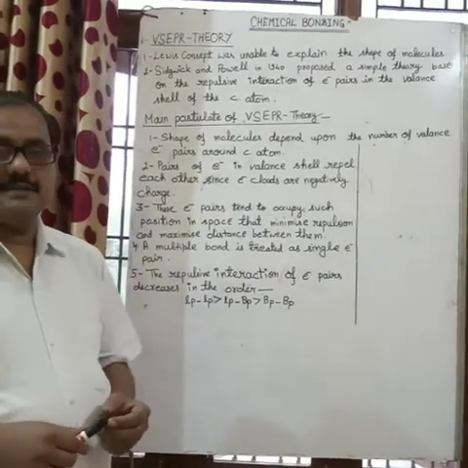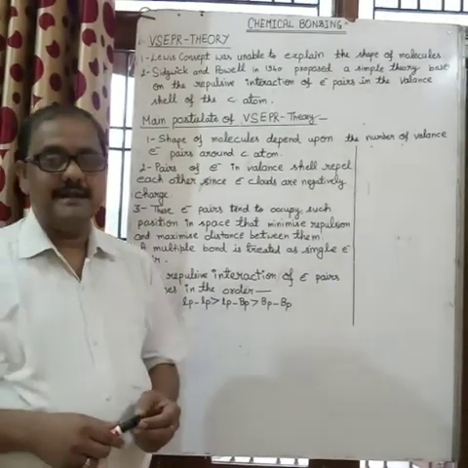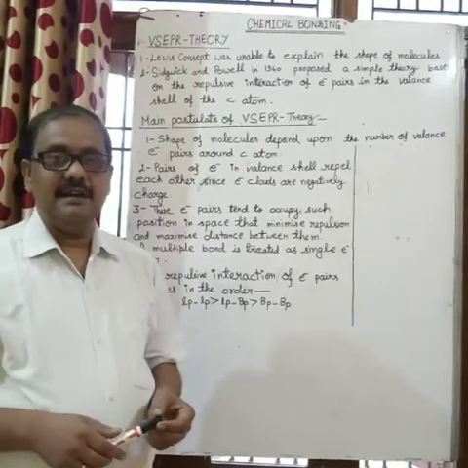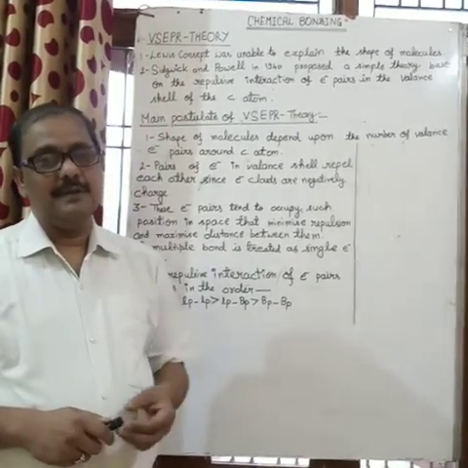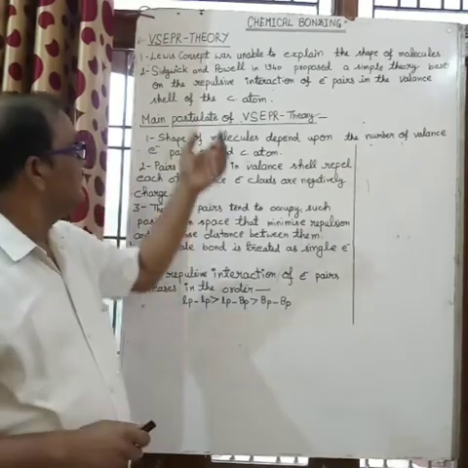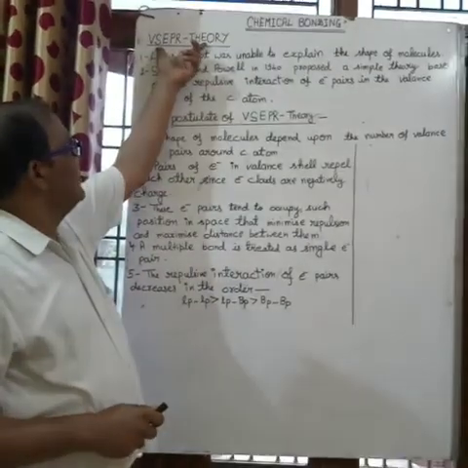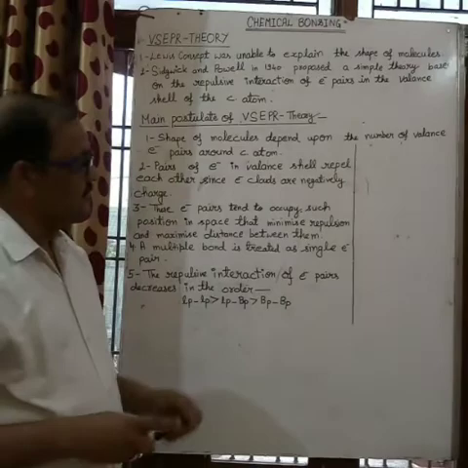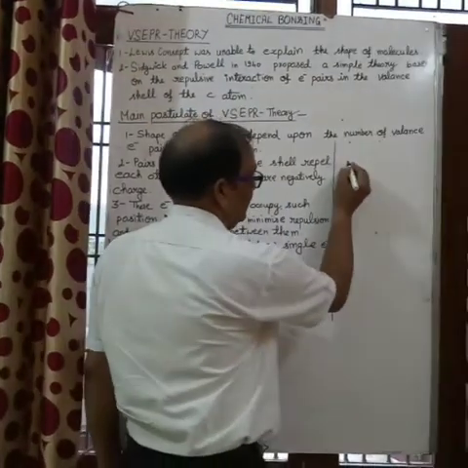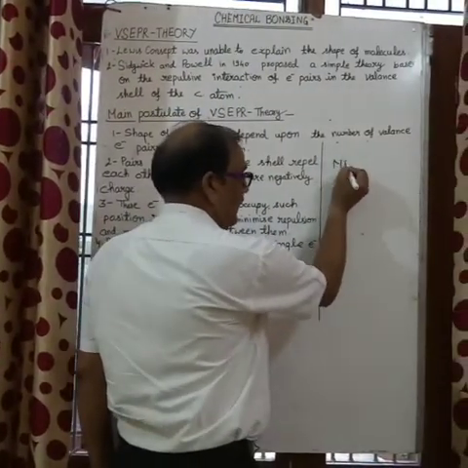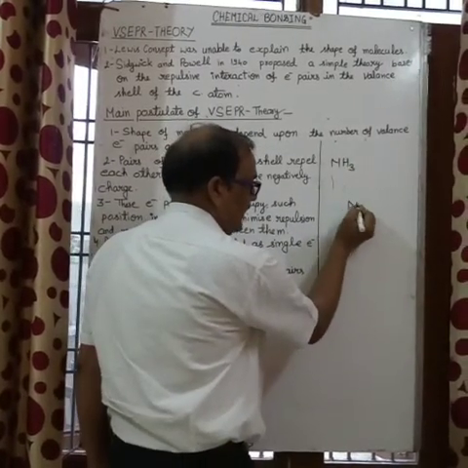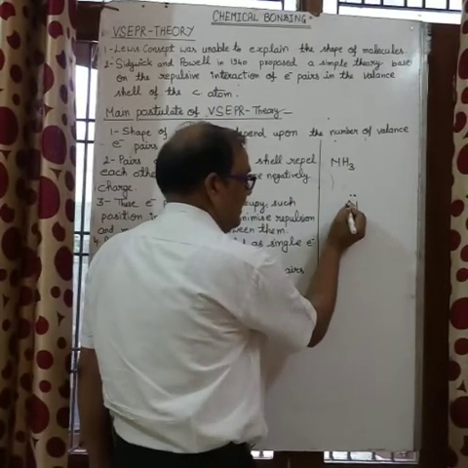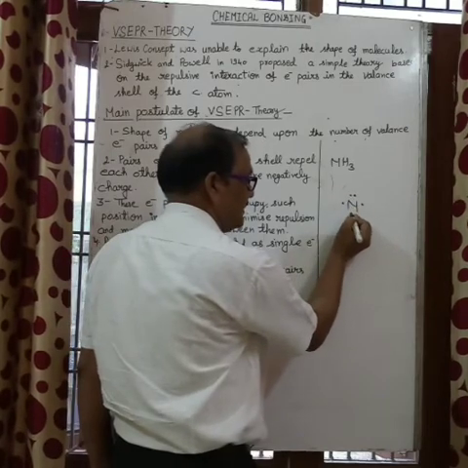Today I will discuss the valence shell electron pair repulsion theory, also known as VSEPR theory. This is the topic: valence shell electron pair repulsion theory. Actually, by taking an example like NH3, there are 5 electrons in the valence shell of the central atom.